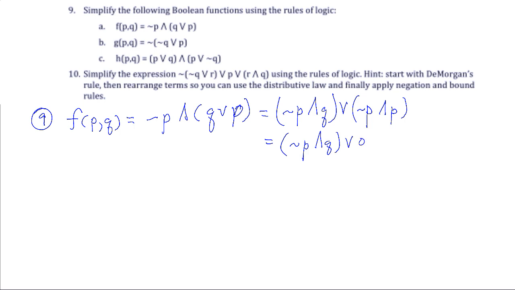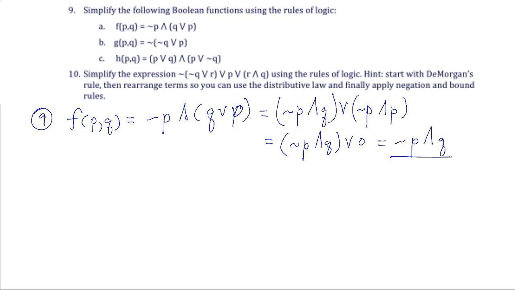So we have an OR with a 0. And anytime we have anything ORed with a 0, it's itself. Okay, because if itself is true, then the OR becomes true, and if it's false, the whole thing becomes false. So there's a simplification. It's just not P and Q.